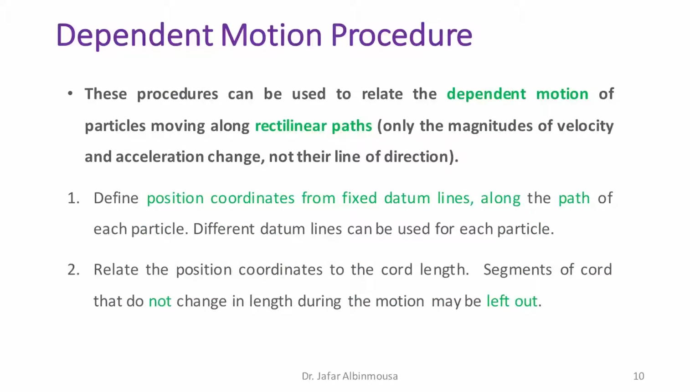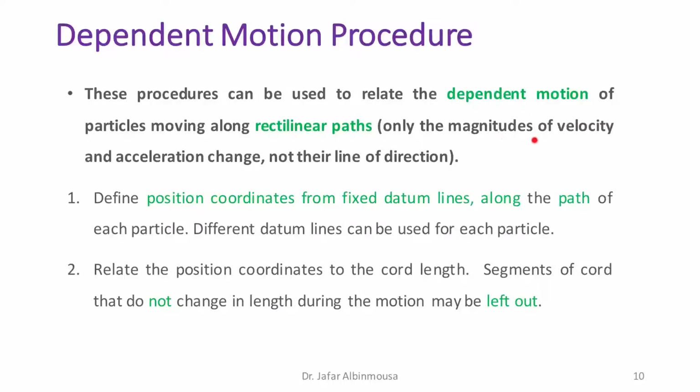Now we are going to set up a procedure for analyzing dependent motion. But an important note here is that these procedures can be used to relate the dependent motion of particles moving along rectilinear paths. As you saw before, the blocks, the pulleys, everything was moving in rectilinear, just straight lines.